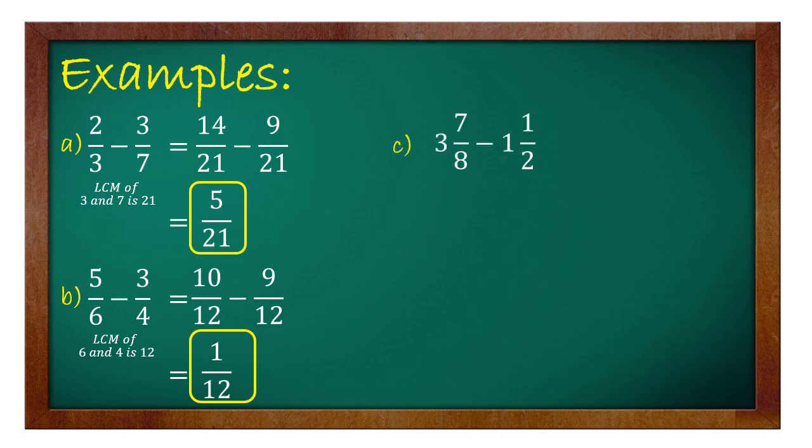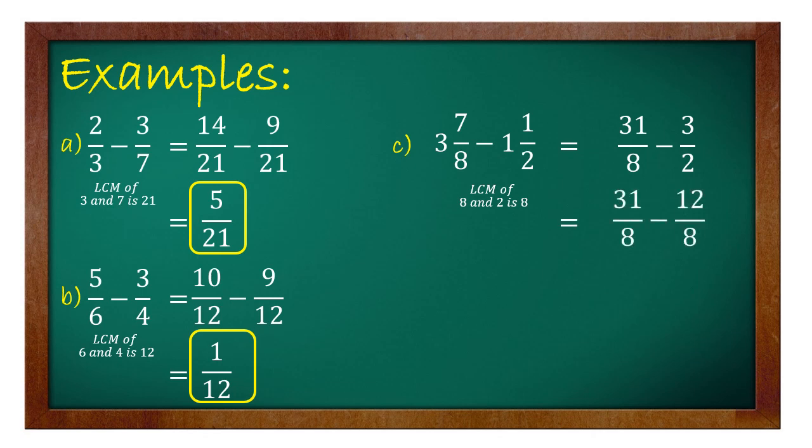Next is 3 and 7/8 minus 1 and 1/2. So, mixed fraction, change muna natin into improper. So, yung 3 and 7/8 magiging 31 over 8. And then yung 1 and 1/2 magiging 3 halves. So 8 and 2 yung denominator, ang LCM natin is 8. And then yung 31 over 8, magiging 31 over 8 pa rin.